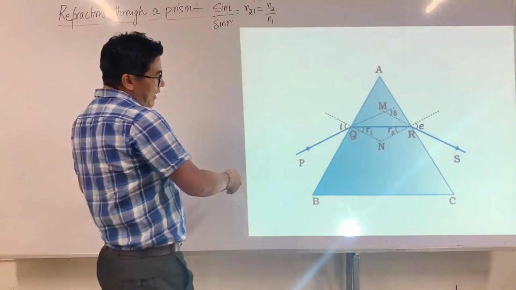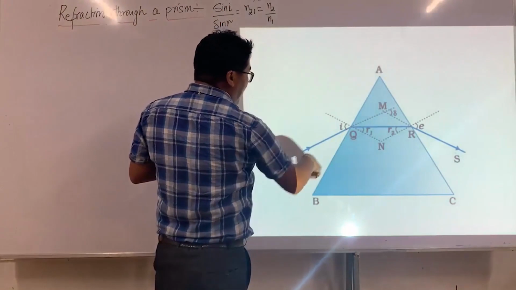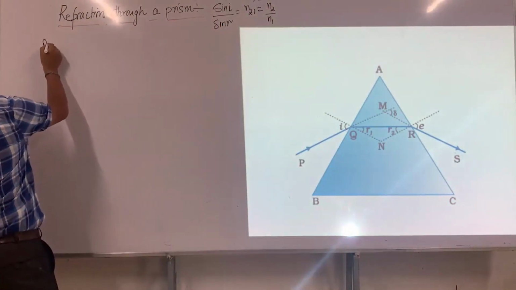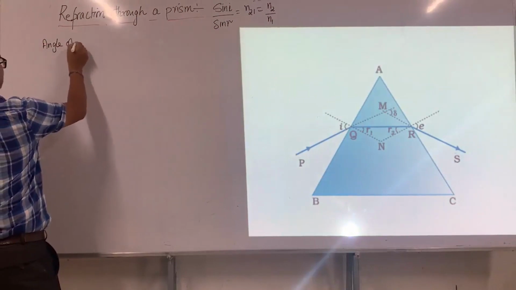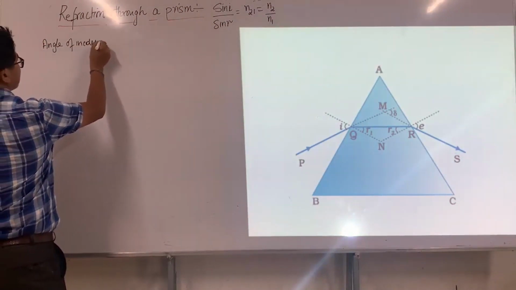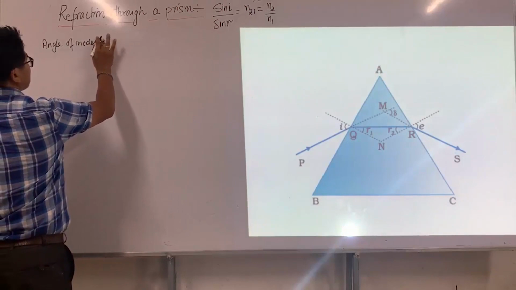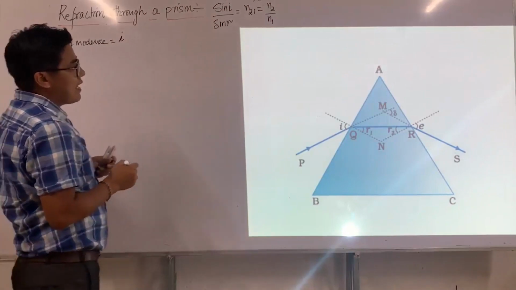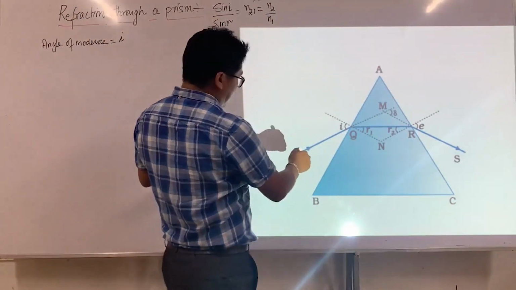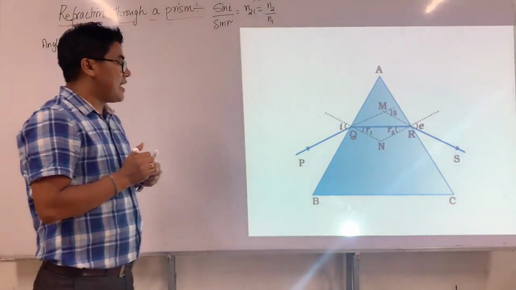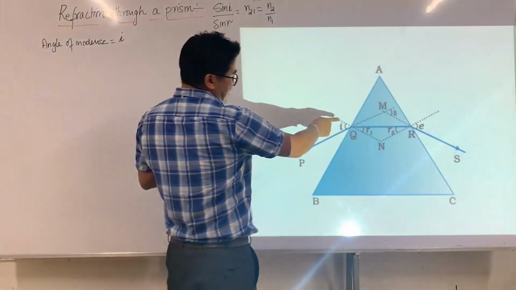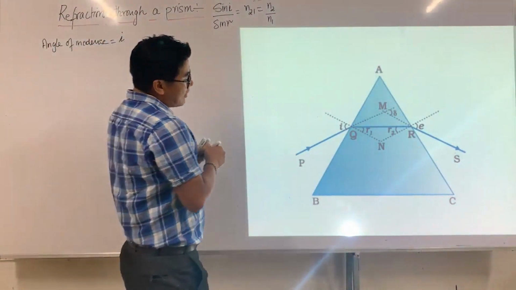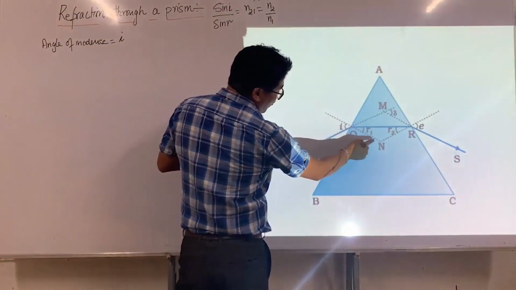The incident ray falls on surface AB with angle of incidence i at surface AB. So this is the angle of incidence, right? And then this ray undergoes refraction. This is a normal line.